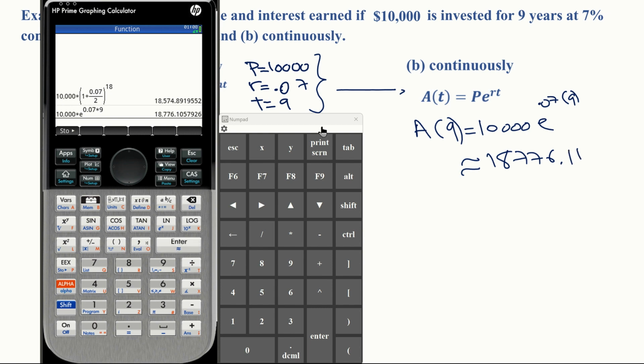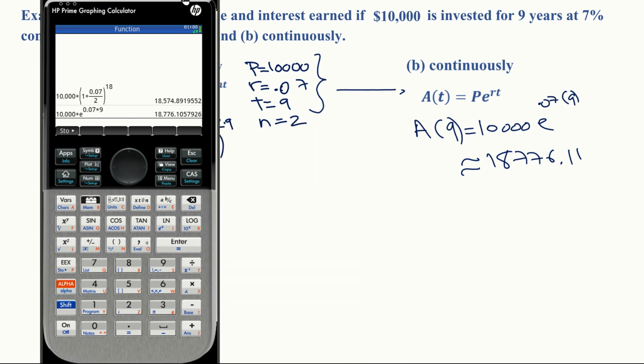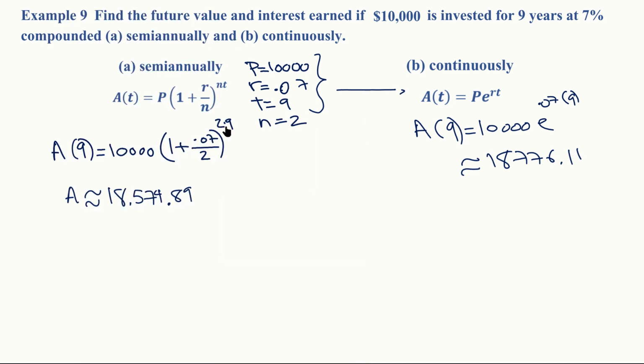Now clearly, as you can see, you are going to end up with more, but you may be surprised that it's not a lot more, right? You're going, this one is earning interest continuously. How could it be relatively comparable to this one that's only earning interest twice a year?